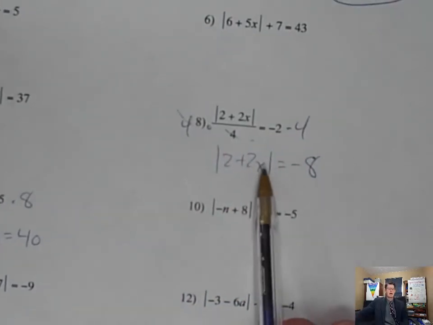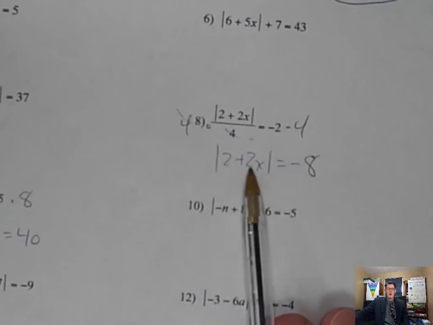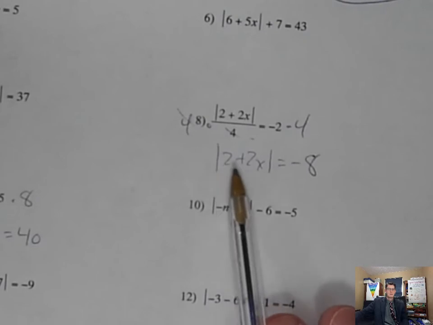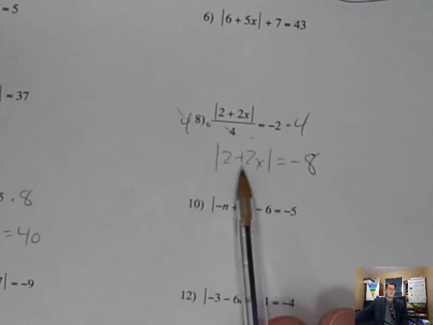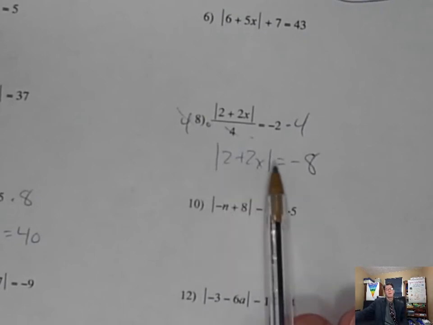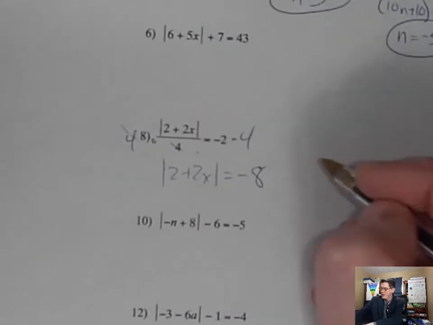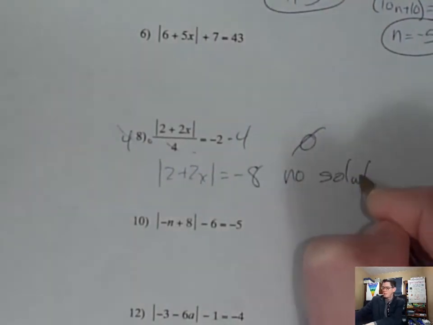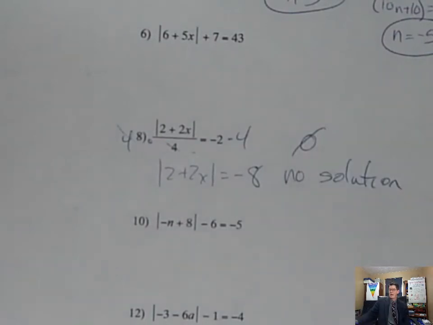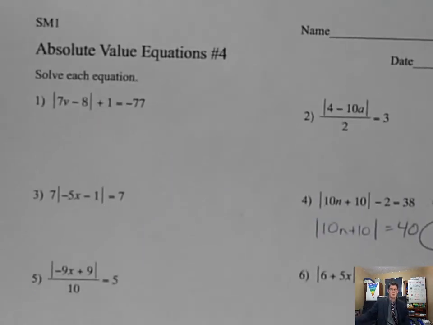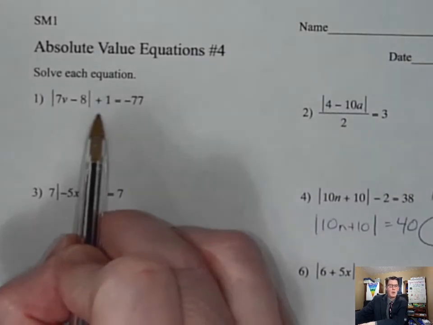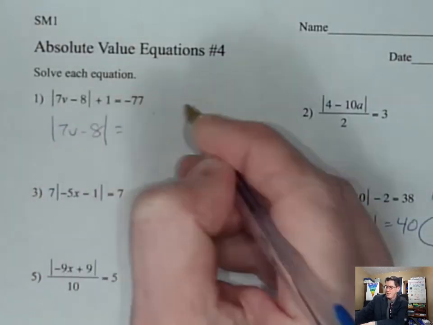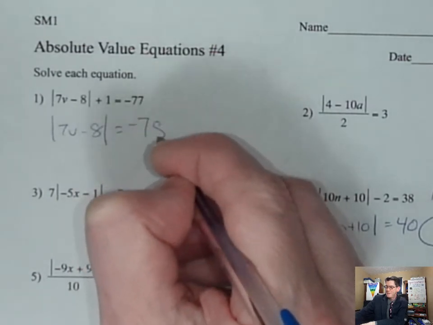Look at that. We saw that before as well. Whenever you have the entire side of the equation, the isolated absolute value, equal to a negative, you know that's never going to happen. There's no solution. Can't be done. And that's why I held off number 1. When you subtract 1 off of that, subtract 1, you're at -78.